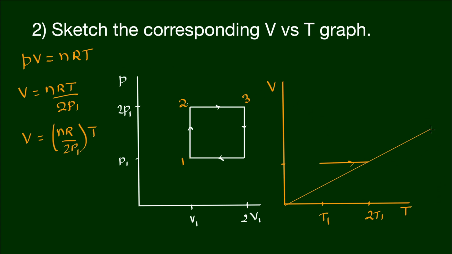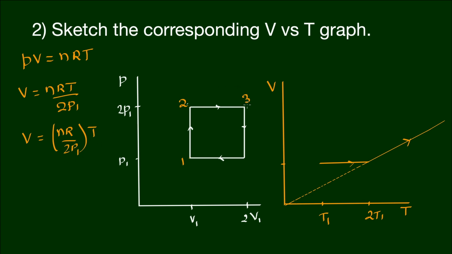So we draw it all the way to 4T1, and let me make this part of it dashed just to show you our process starts here from 2T1 and goes to 4T1 along this line, but this line when extended passes through the origin, and the slope of this line is nR by 2P1.